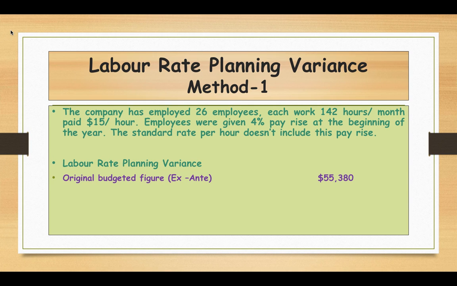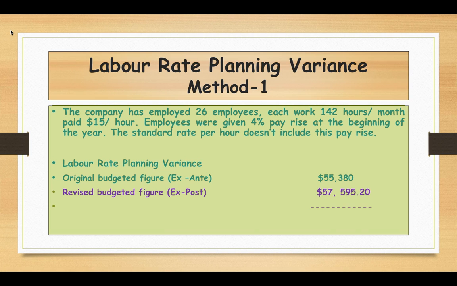According to the original standard, they are paid $15 per hour. So 142 hours times 26 employees times $15 is equal to $55,380. This is our X ante figure, the original budgeted figure.